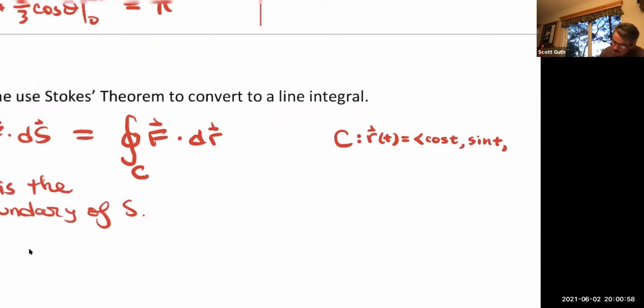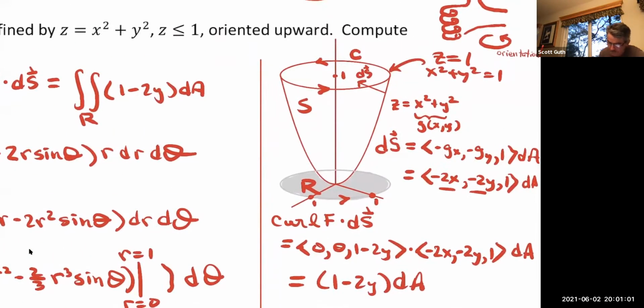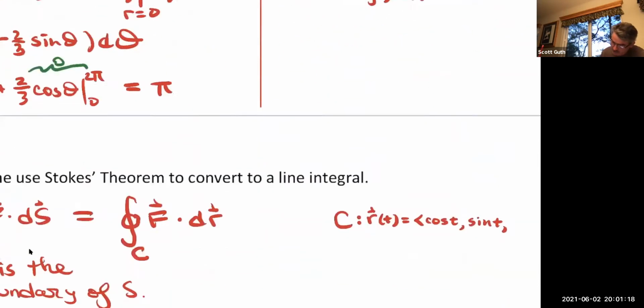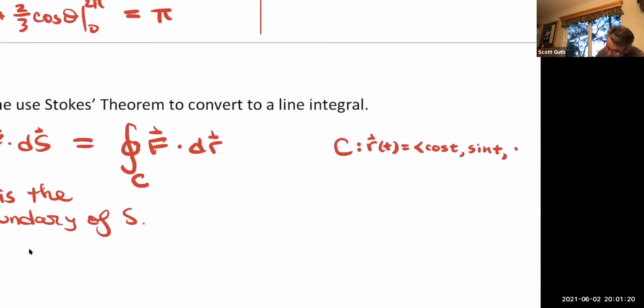And what's the z coordinate on that curve? Take a look at it. Anybody? You know up here z is 1, right? It's a constant height everywhere on that curve. So the z coordinate you need to make 1.